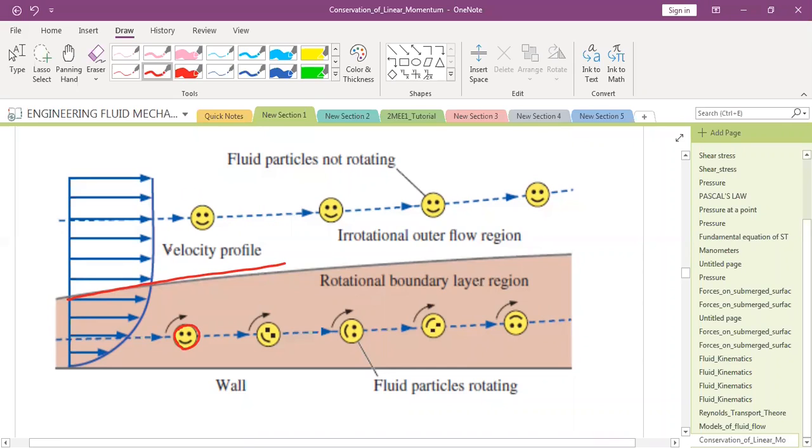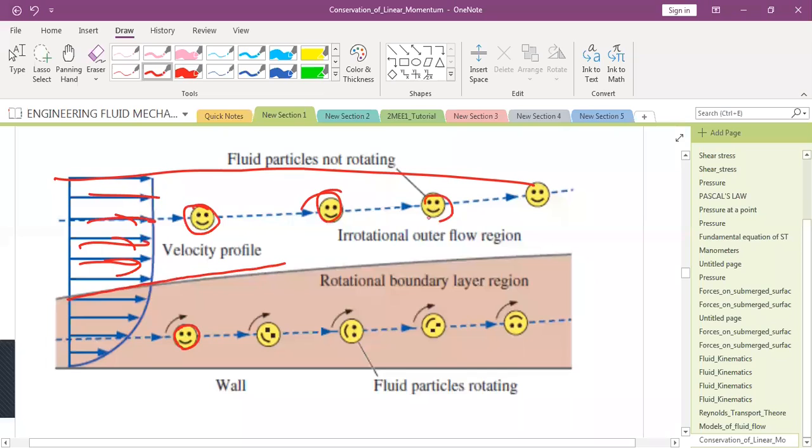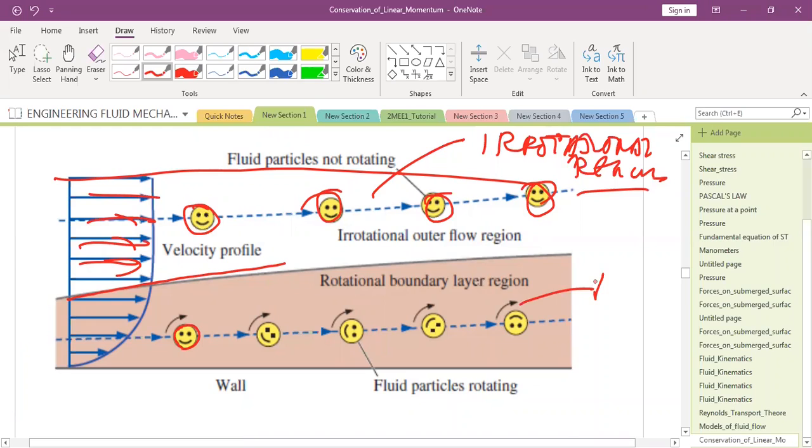Whereas above the boundary layer, the velocity is the same and the fluid is not rotating about its own axis. So this is the irrotational region of flow, and this is the rotational region of flow.